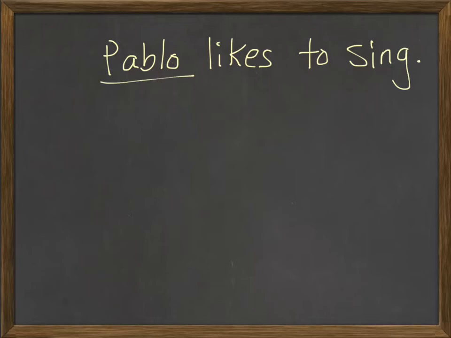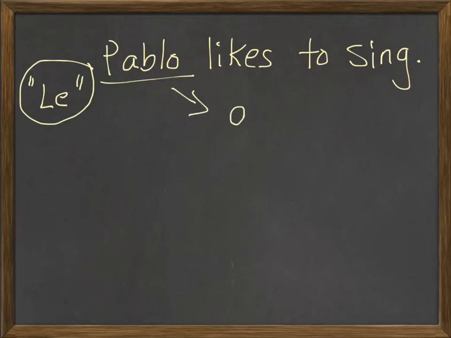Since Pablo is a singular male, the indirect object pronoun that goes with him is le, and we're going to put his name in the clarifying phrase, which will be a plus Pablo. Okay, so now we have these two good pieces for our sentence.